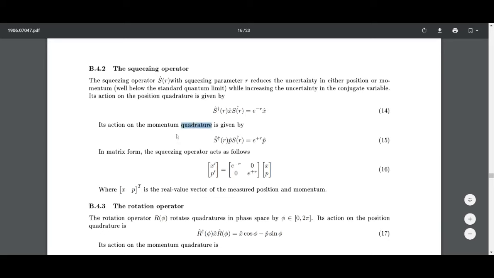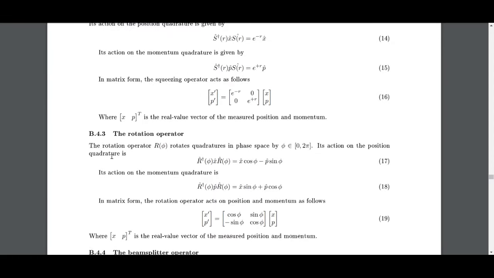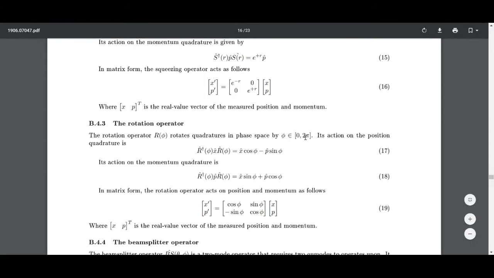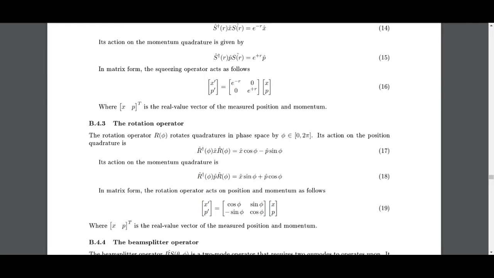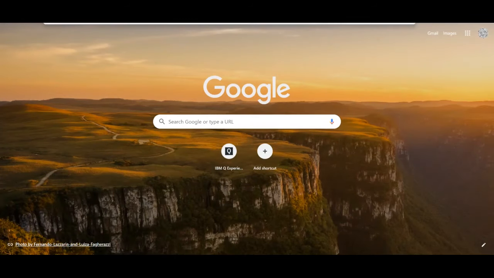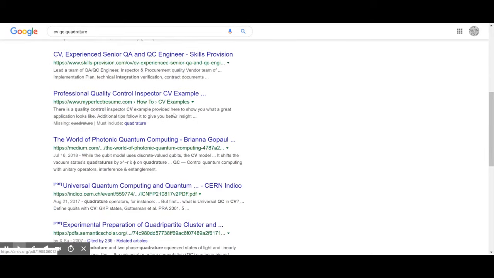I keep reading the word quadrature, and that's something that bothers me because I don't know what it means. The rotation operator rotates quadratures in phase space by this. Its action on the position quadrature is this. Its action on the momentum. What is a quadrature? In CVQC, what is this? Yeah, good luck.